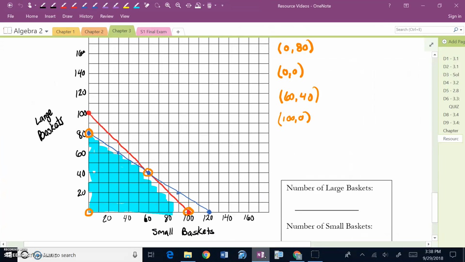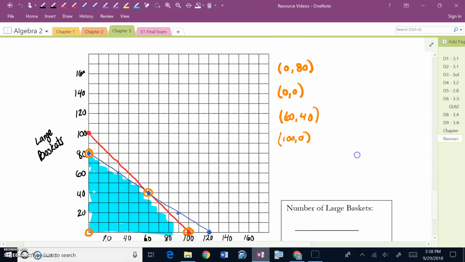So now I'm going to take each of those vertices, which represent my x and my y, or my small baskets and my large baskets, and substitute back into my profit function, which was 6x plus 10y.